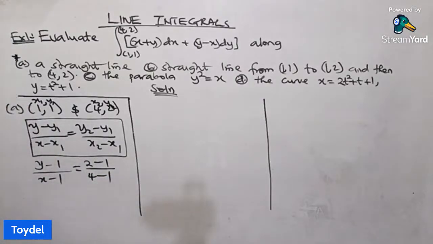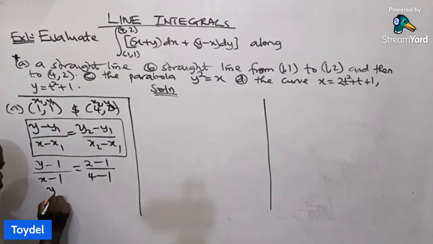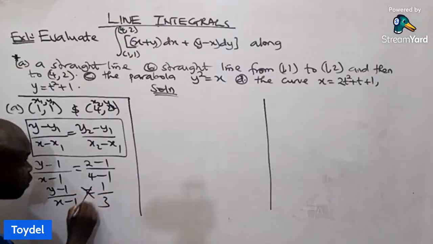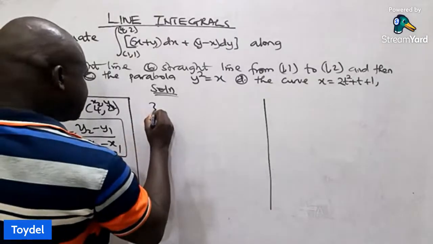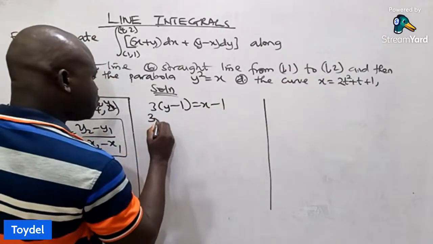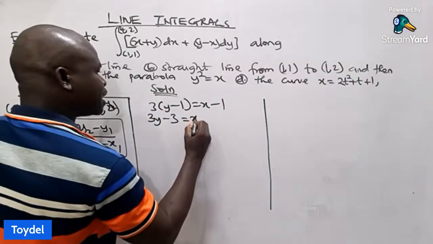That is what you are going to get. So we have y minus 1 all over x minus 1 to be equal to 1 all over 3. If we cross multiply, we are going to get 3 into bracket y minus 1 to be equal to x minus 1. So we have 3y minus 3 to be equal to x minus 1.